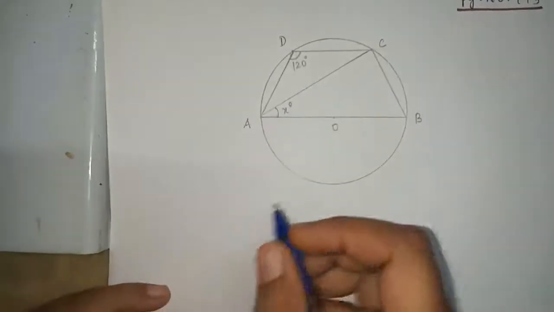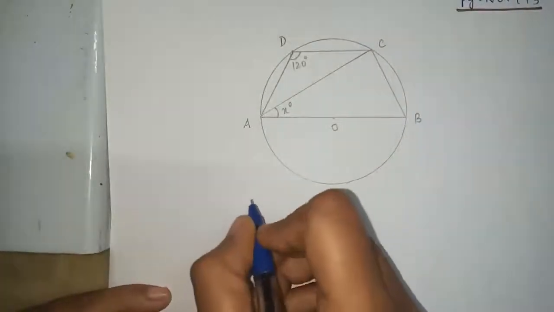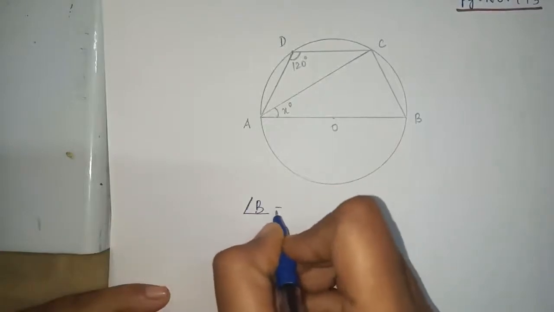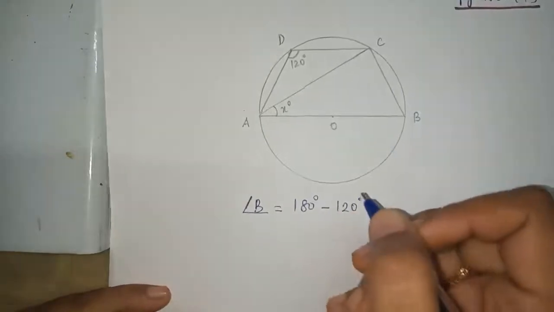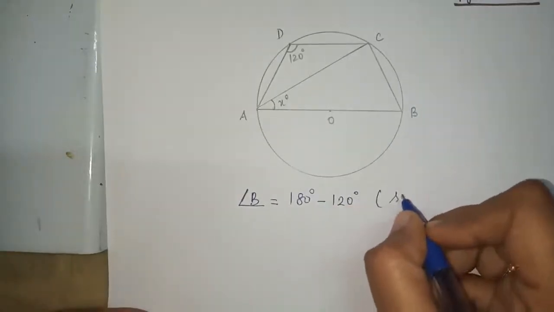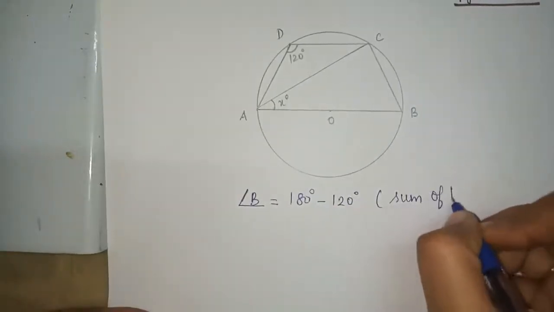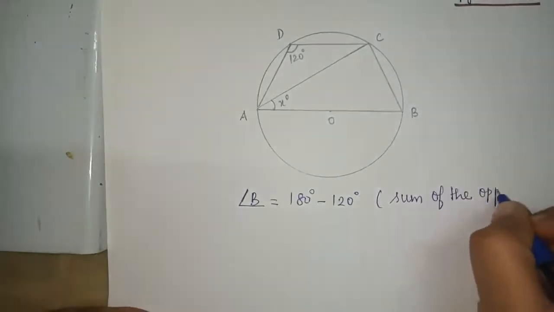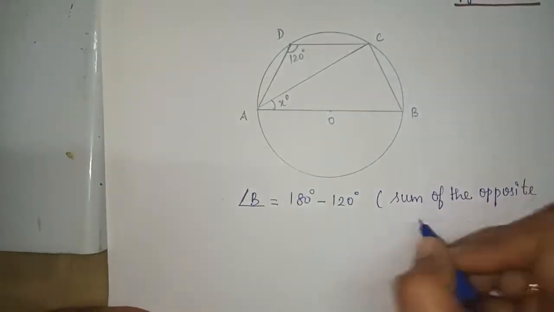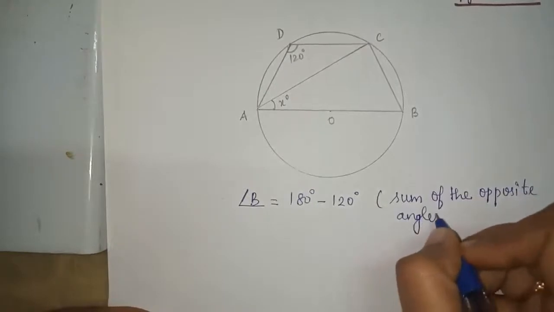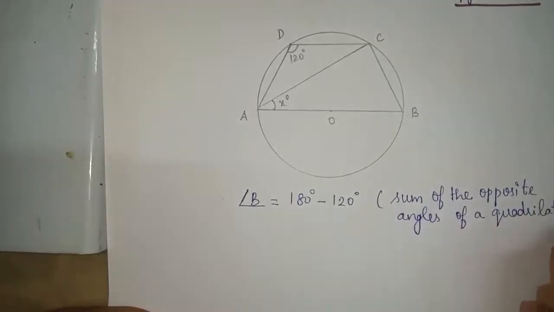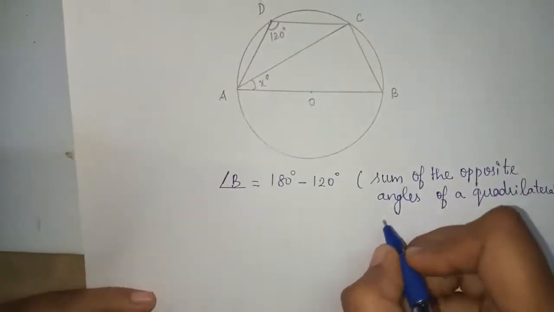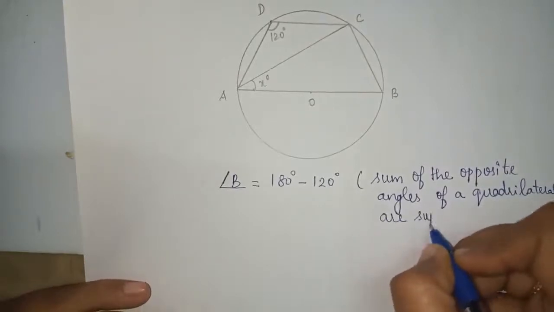So first we are taking angle B. So angle B is equal to 180 degrees minus 120 degrees, because the sum of the opposite angles of a quadrilateral are supplementary.